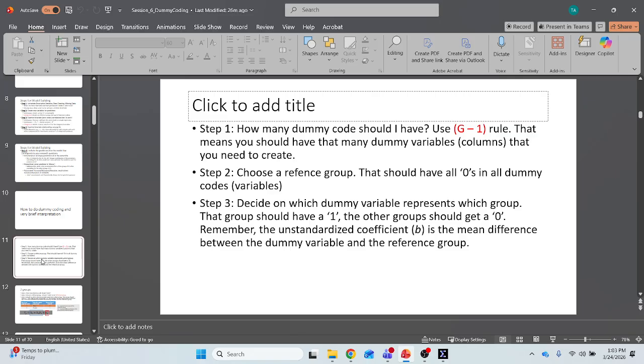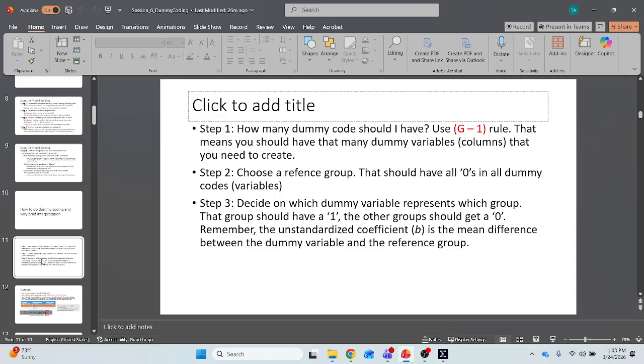I pick a reference group. I pick my reference group to be low. So maybe I choose this column here to represent the middle class, and I will choose this one to represent my high class, high SES. You get the idea? So these are the basic steps. How many groups do you have?